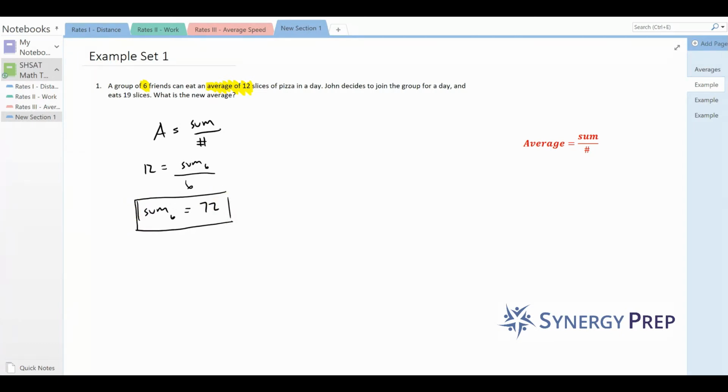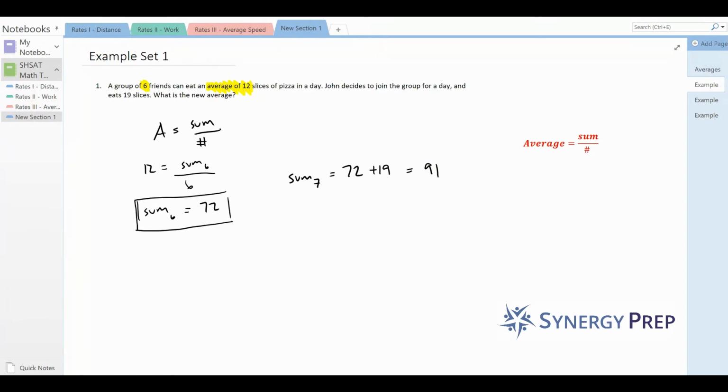Now, it says John eats 19 slices. If he were to eat 19 slices, the sum of the 7 friends will now be 72 plus 19. And that gives you a new total of 91.